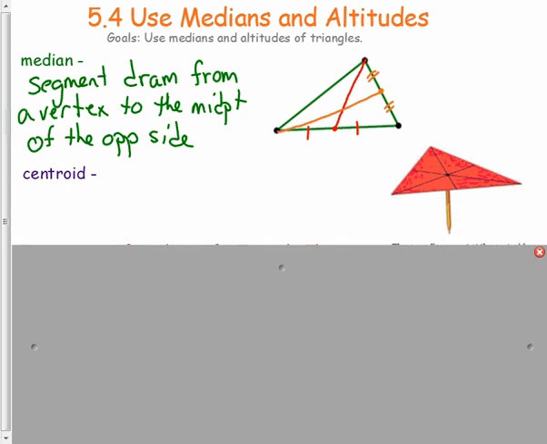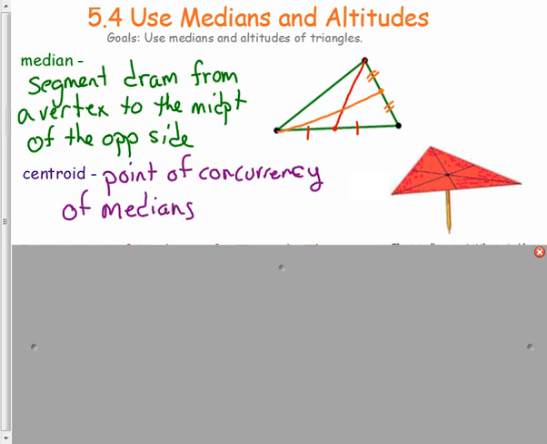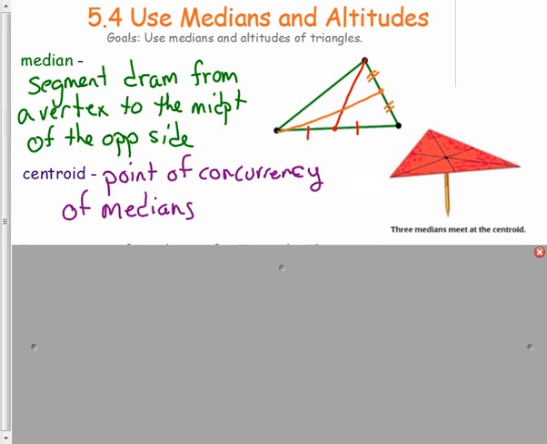The centroid is the point of concurrency of the medians. If you look in your book, there's an activity right before section 5.4 that talks about taking a triangular shaped note card, drawing the three medians, and it's actually the balance point.